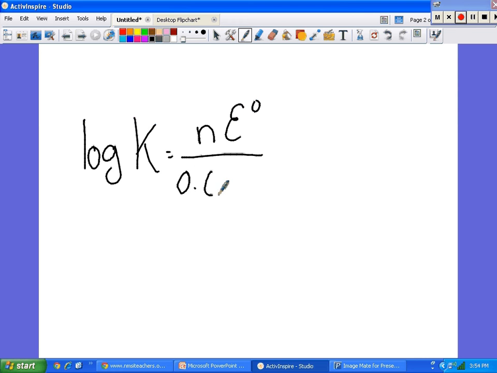They actually have 0.0592, which is the exact same equation. What they have done here is they have interchanged R and T at standard conditions. Does that make sense? Okay, so this is the equation we need.